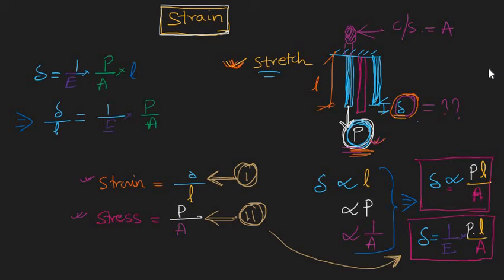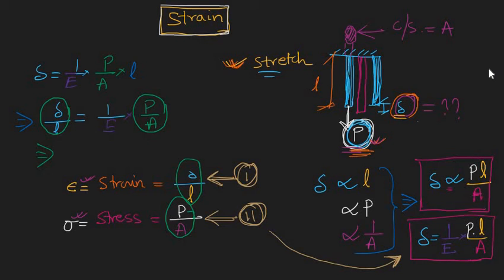So is there any similarity? Yes, here you can see P by A is nothing but your stress, and delta by L is nothing but your strain. So simply replace them. Delta by L becomes strain, let's denote strain with epsilon and denote stress with sigma.